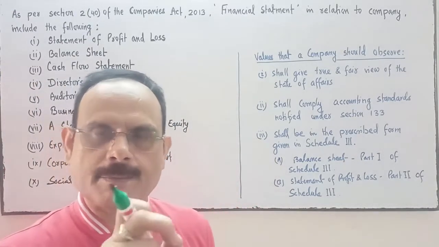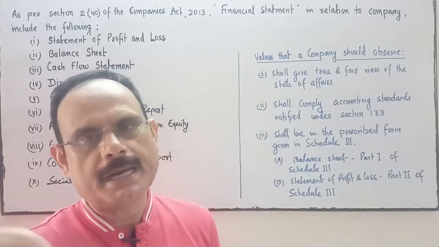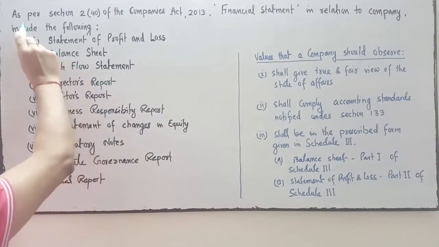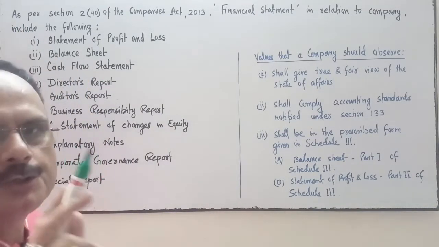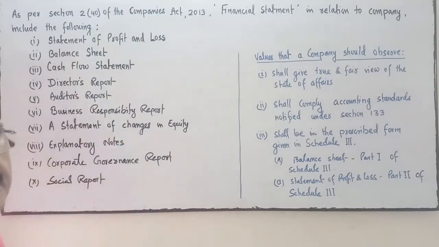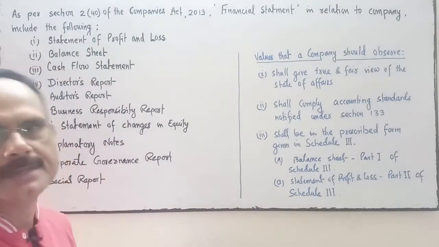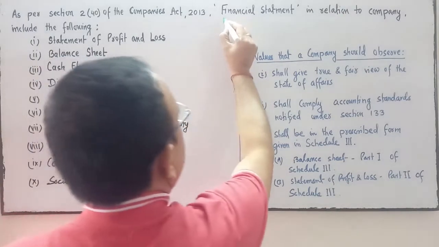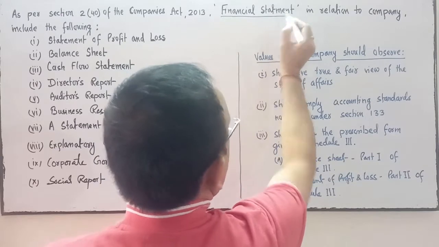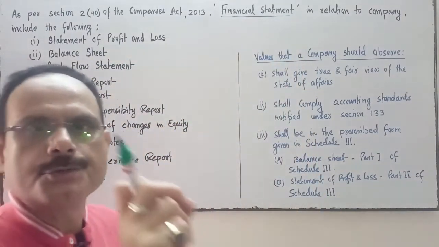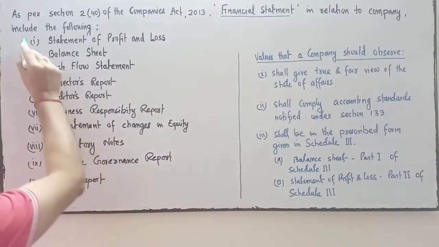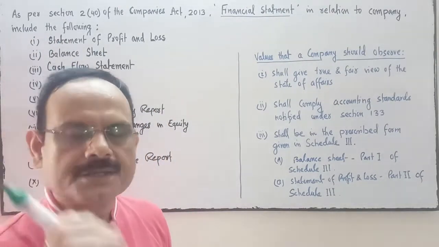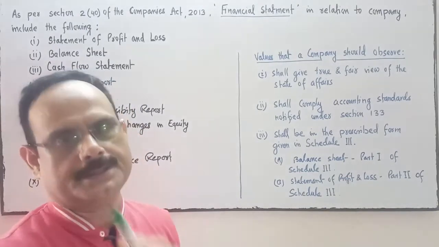So financial statement includes both statement of profit and loss and balance sheet. When I'm talking about the financial statement, as per Section 2 Subsection 40 of the Companies Act 2013, the financial statement in relation to companies includes the following.